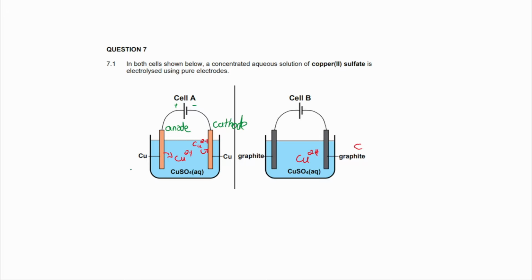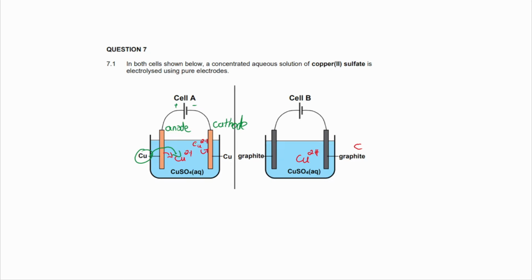So what we can deduce from that is the mass at the anode will decrease and the mass at the cathode will increase. But they're asking about concentration, okay? What's happening is at the anode, one copper atom becomes a copper 2+ ion, okay?